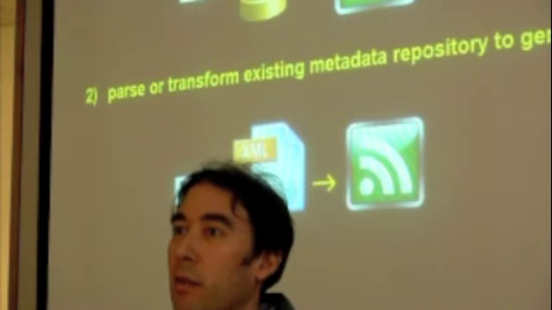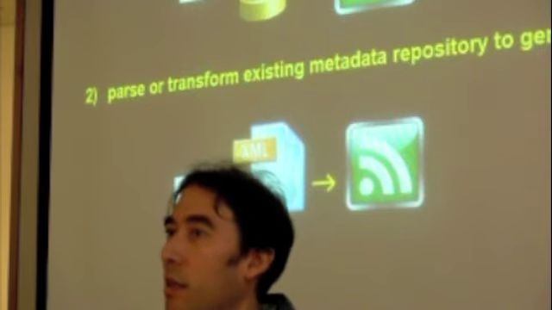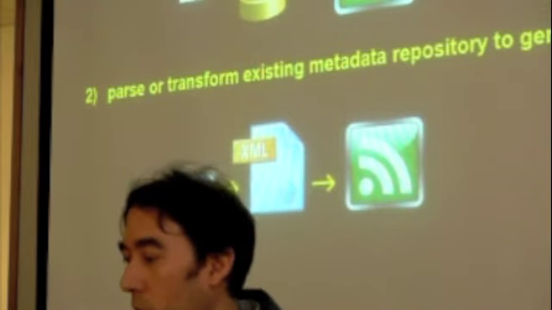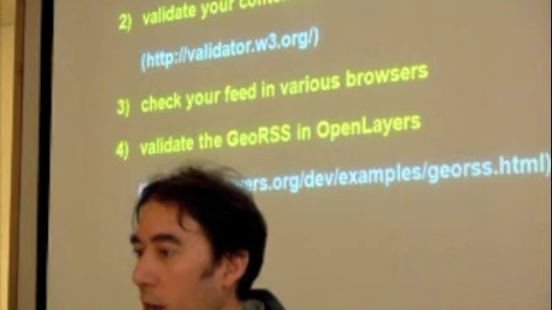Essentially, we could map data that isn't in GeoRSS feed format and still bring it in as if it was a feed and syndicate it the way we would anything else. So this is kind of fun.